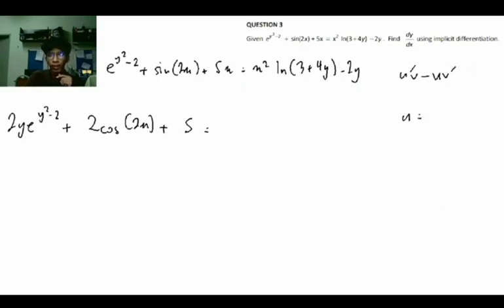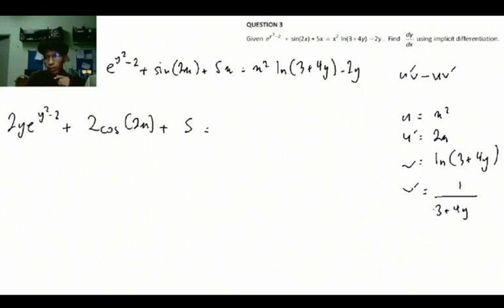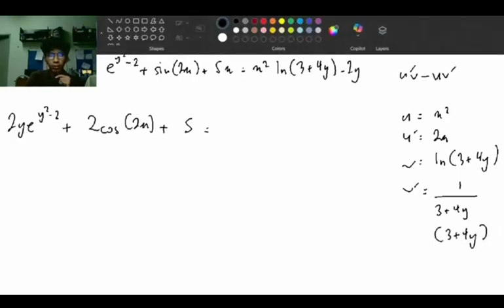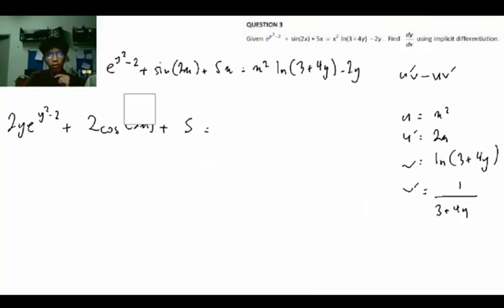Here u is x squared, u prime equals 2x, v equals ln(3 plus 4y), and v prime equals 1 over 3 plus 4y, times the derivative of 3 plus 4y, which is 4.